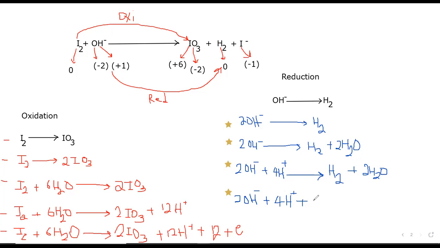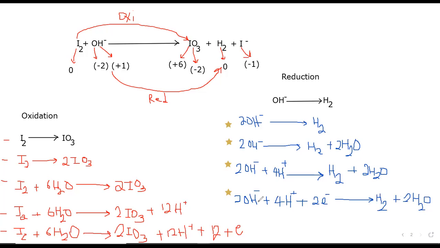Then we're going to add the 2 electrons there so that we cancel out the positive. Okay, there we go. 2H plus 2H. I don't know why people say H. I grew up knowing it to be H. Okay, so there we go.